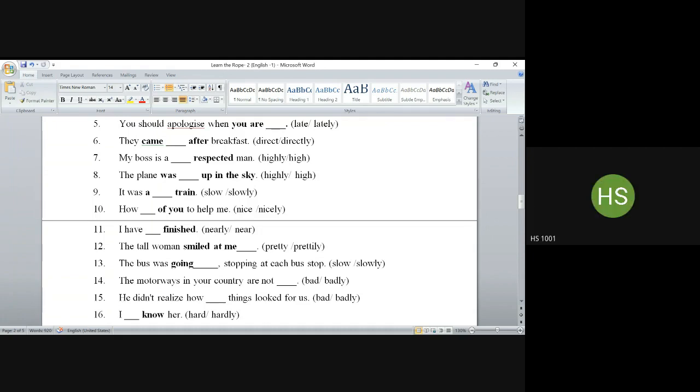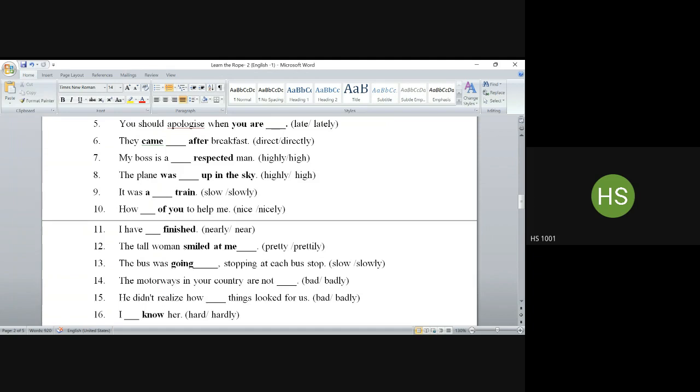The eighth one, how did high come? The plane was high up in the sky. Because you don't have any action to describe here, right? You're just referring to the position or the place of the plane in the sky.